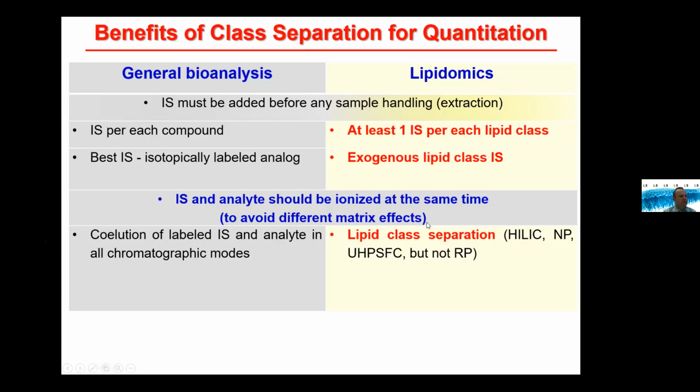This is a very important issue which should not be underestimated. This is perfectly fulfilled here because we have a standard for each. But in lipidomics, this requirement is fulfilled just for lipid class separation or shotgun approaches, but not for reverse phase chromatography. So care really should be taken when you do quantitation with reverse phase.